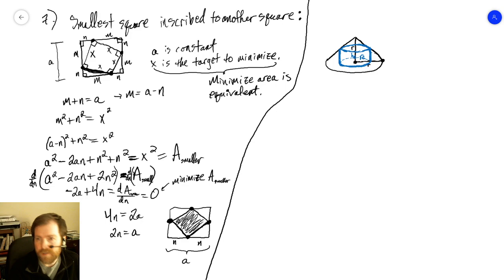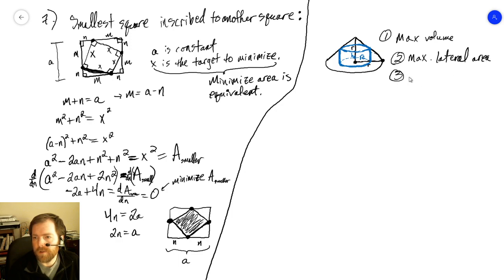One was max volume, two was max lateral, and three was max total surface area.